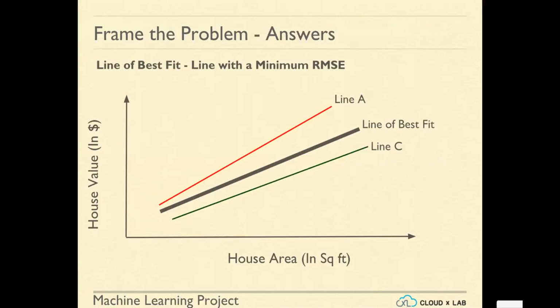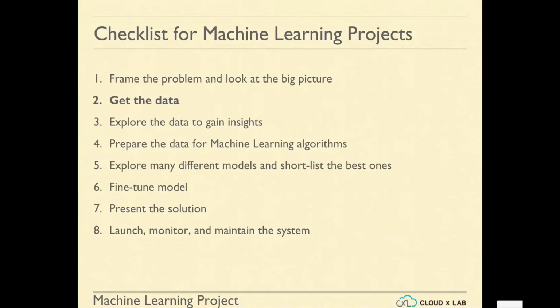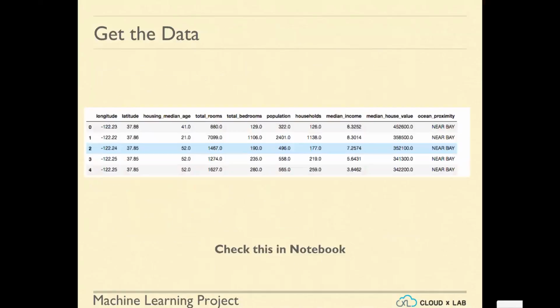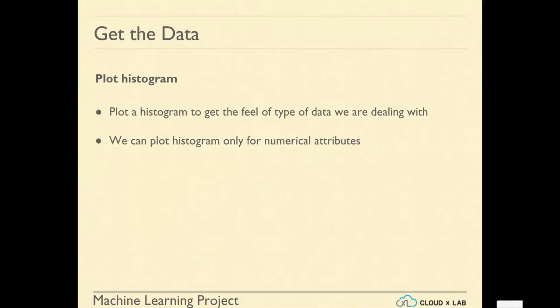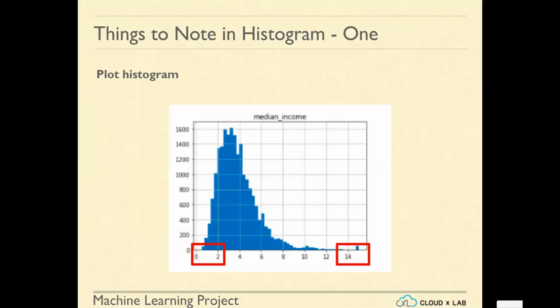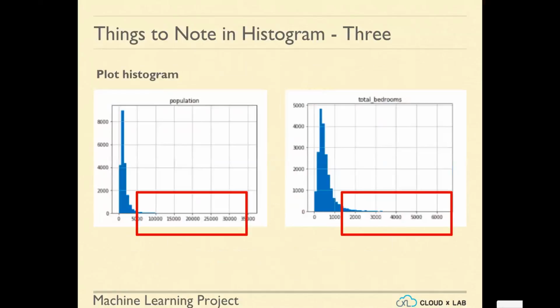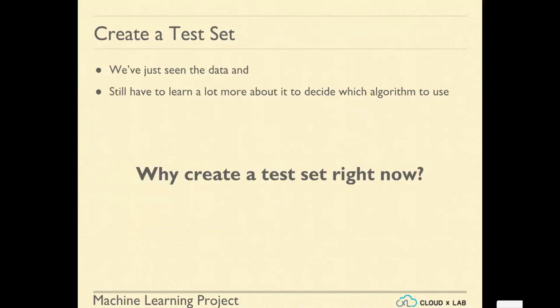Then we understood that the line with the minimum root mean square error is the best fit. Now we started with taking a look at the actual data. This is how the actual data looks, and we plotted the histogram of the data, and we figured out that the data is capped, and there is a long tail.